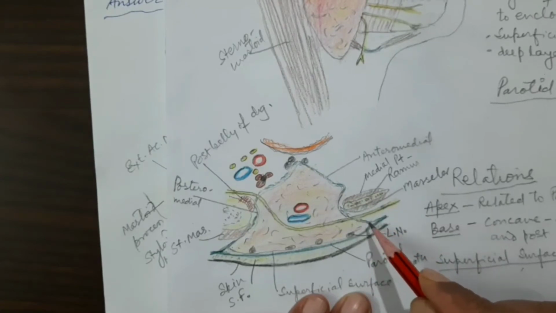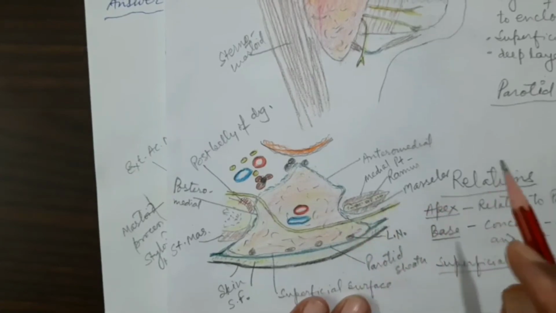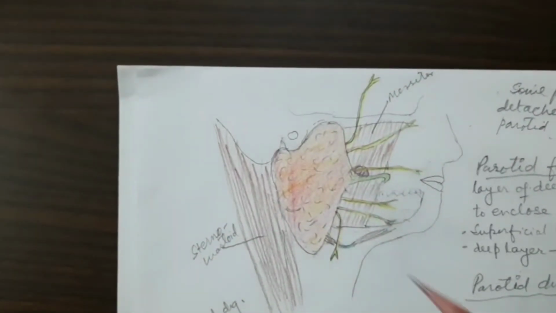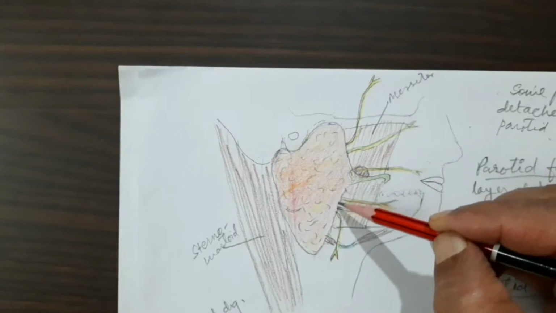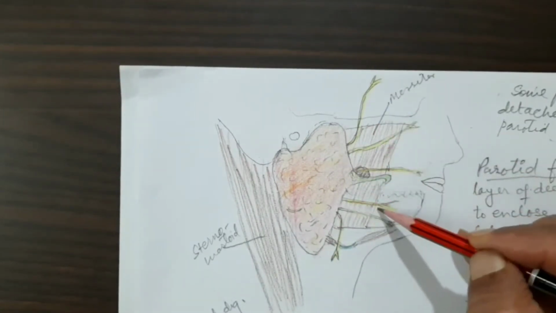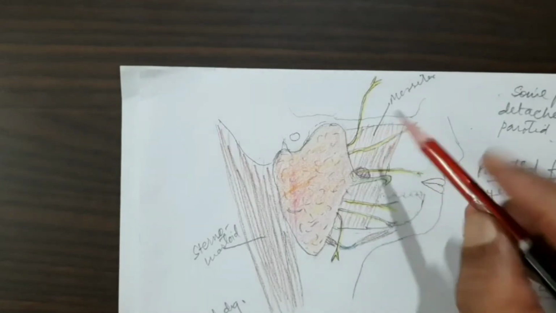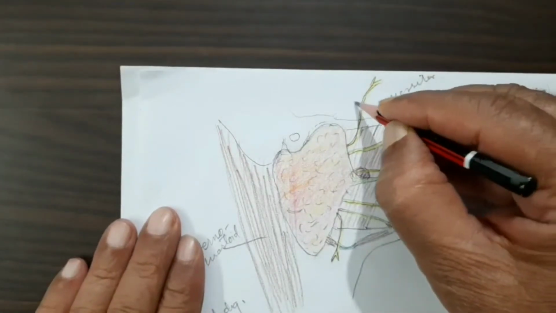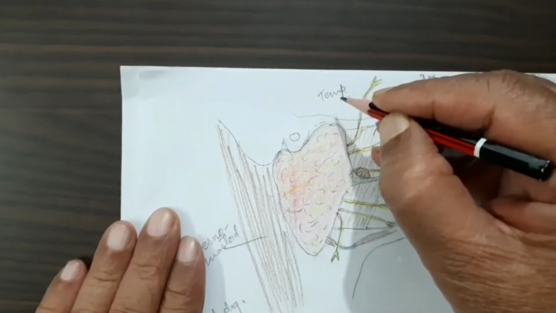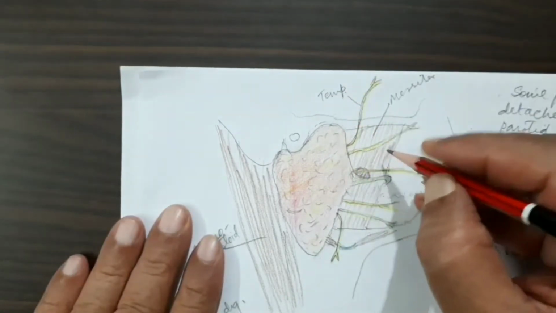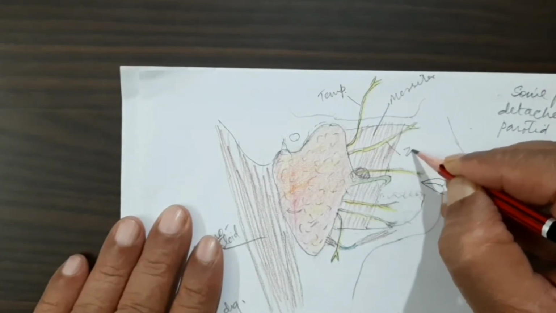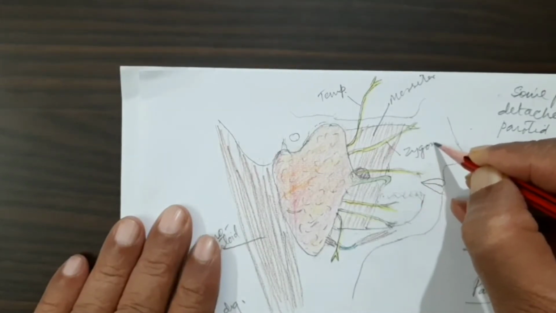surface very close to the anterior border, and many branches are given. You can see in this diagram. See, this is the anterior border, and the branches are coming close to it. See these many branches. This is the temporal branch, which is going towards the temporal region, and this branch is called the zygomatic branch.